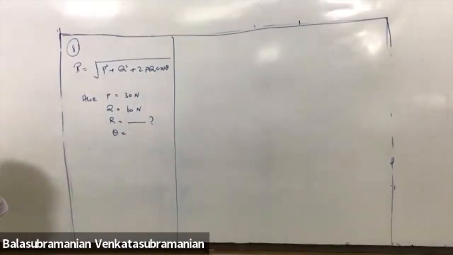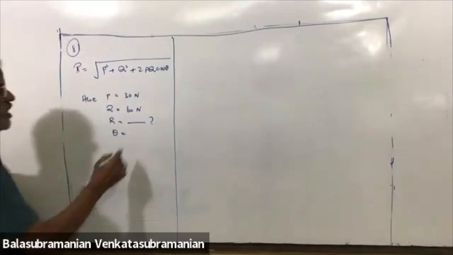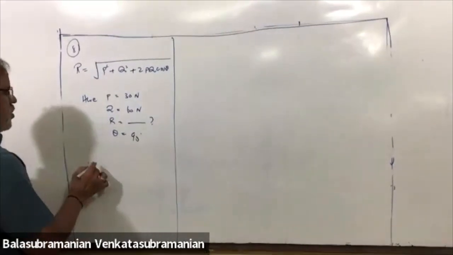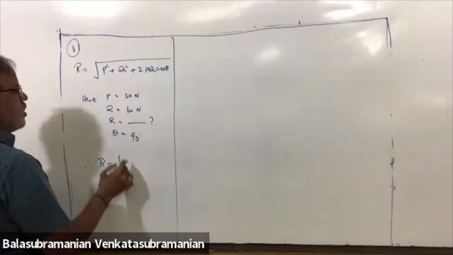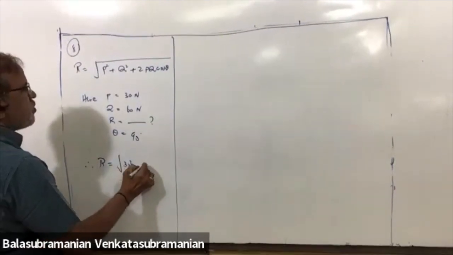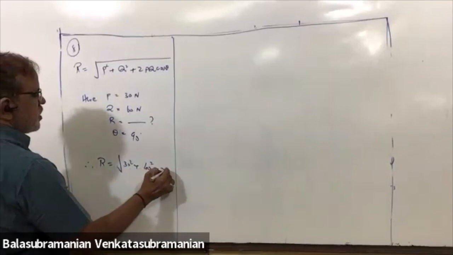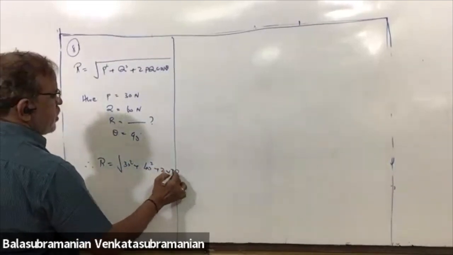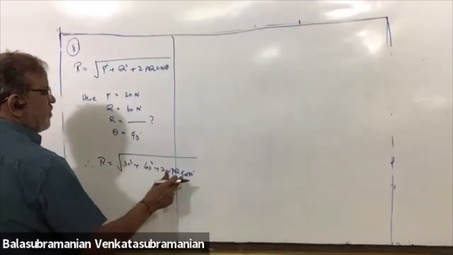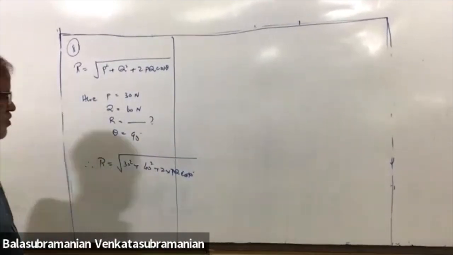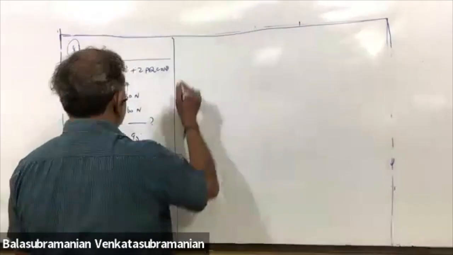Theta will be perpendicular, 90 degrees. Therefore, R is equal to root of 30 square plus 40 square plus 2PQ cos 90. Any value doesn't change, this will become 0.